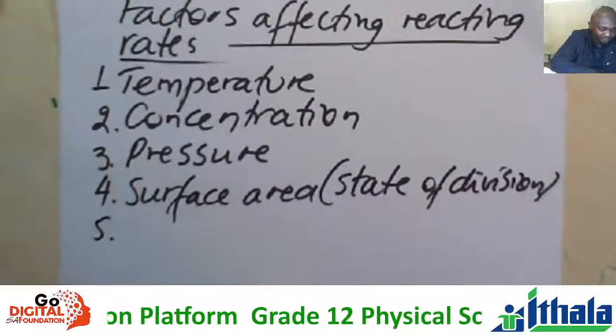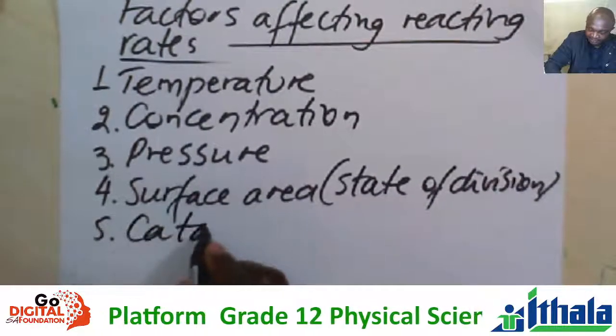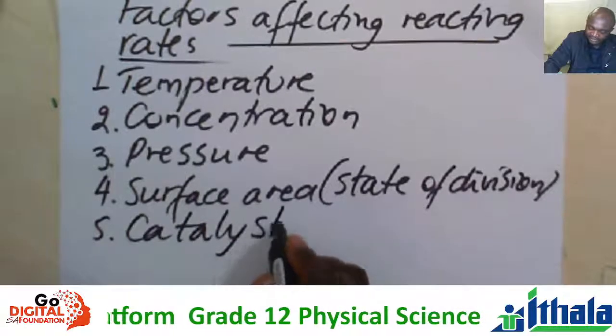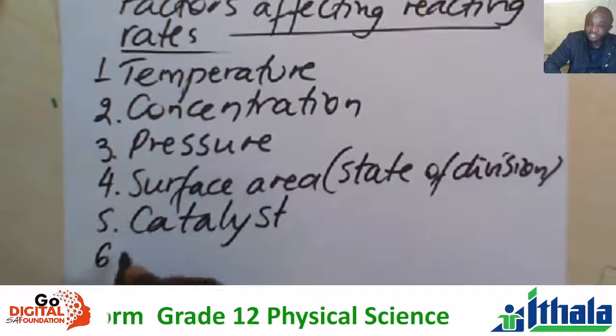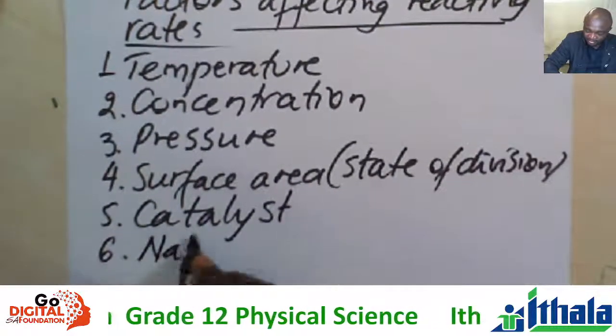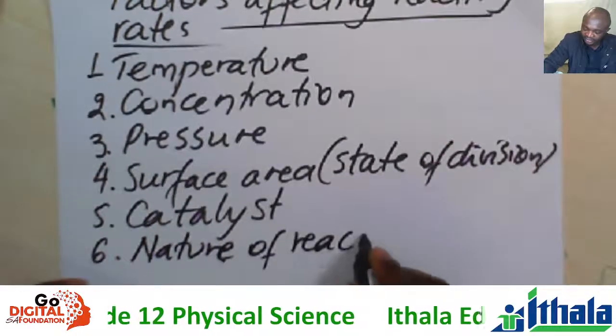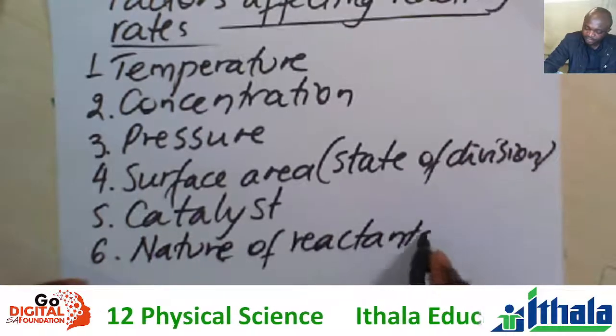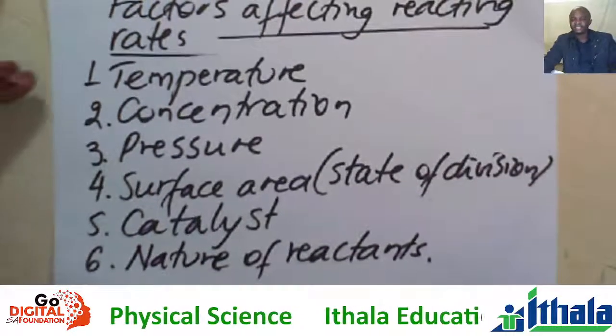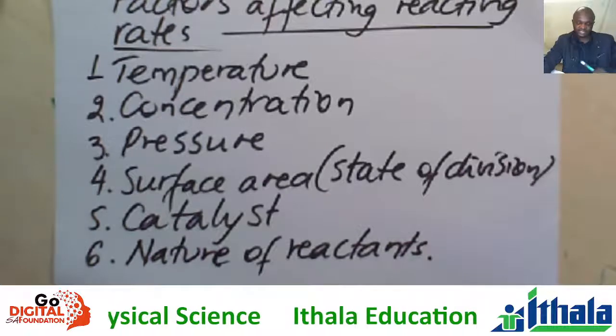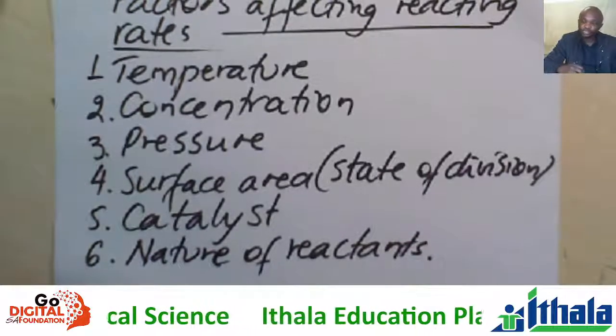Then number 5, sokhuluma nge-catalyst. Yakhumbula sakhuluma nge-catalyst last time. Then number 6 will be the nature of reactant. Nature of reactant. Right. So these are the 6 factors esizowazi ukudila nawo.